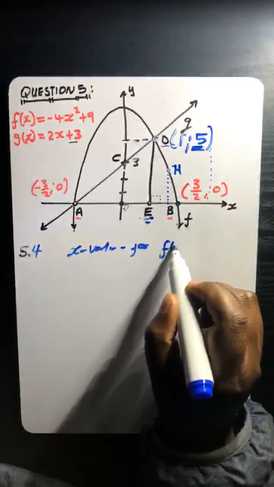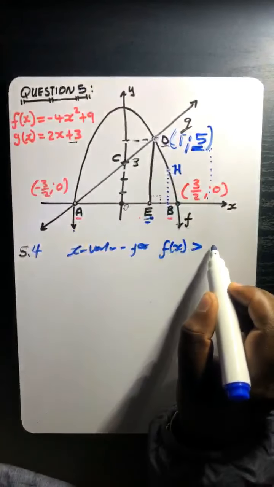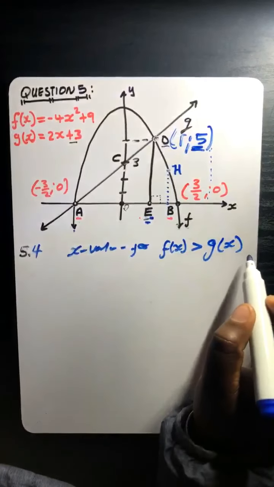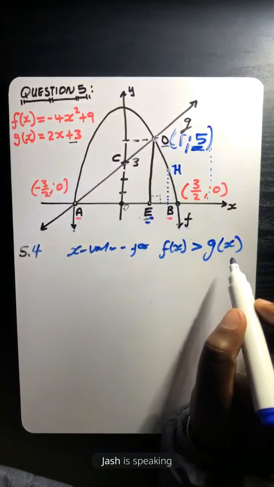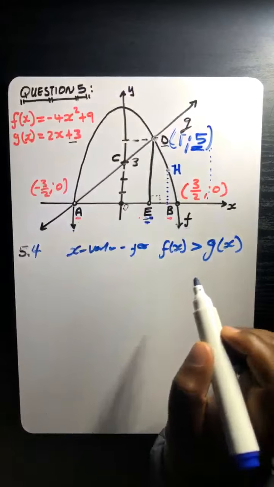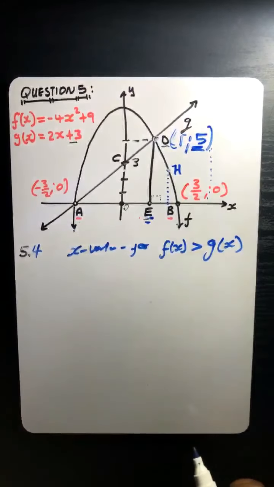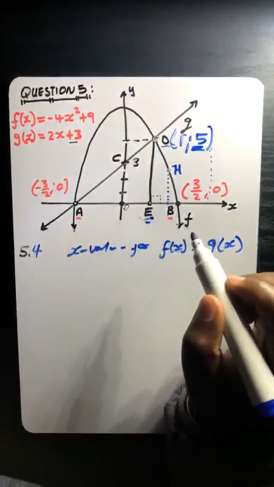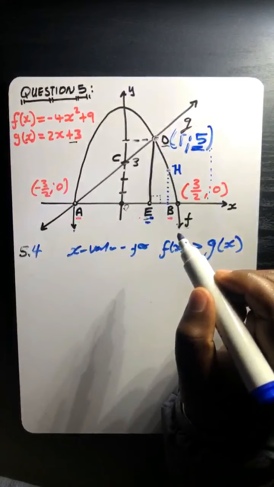Where f of x is greater than g of x. Is this correct? Yes, that's correct. It's given how many marks? 2 marks. Yes, it's given 2 marks. So that means you might need to comment on 2 x values.